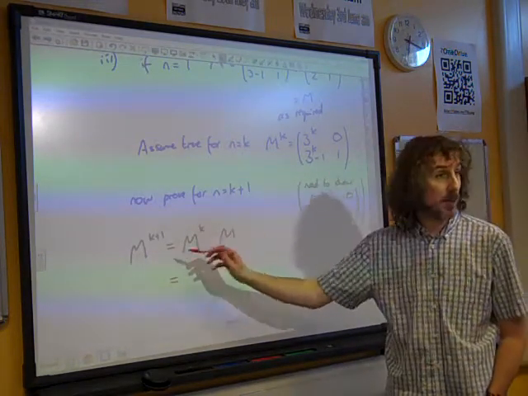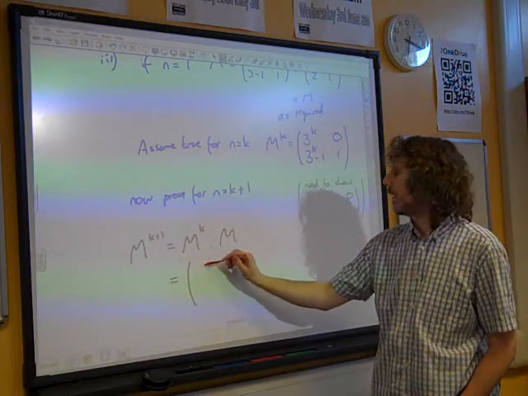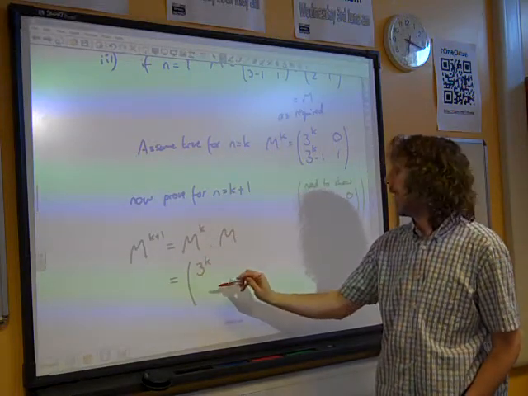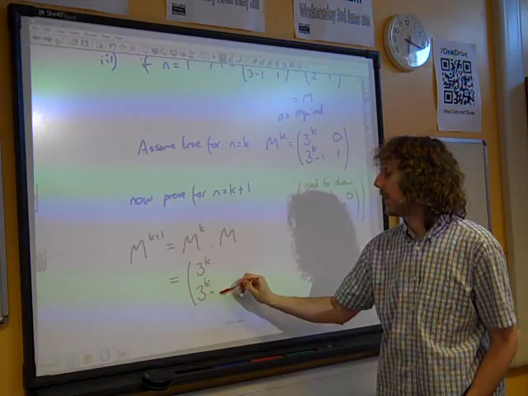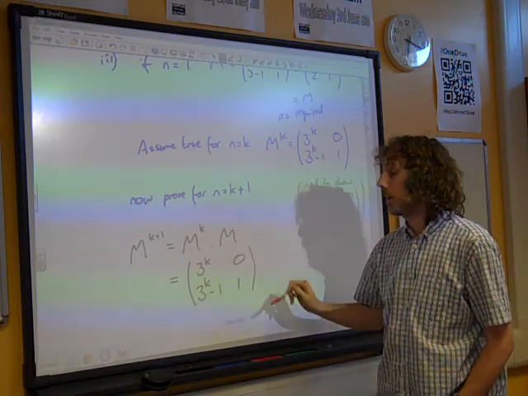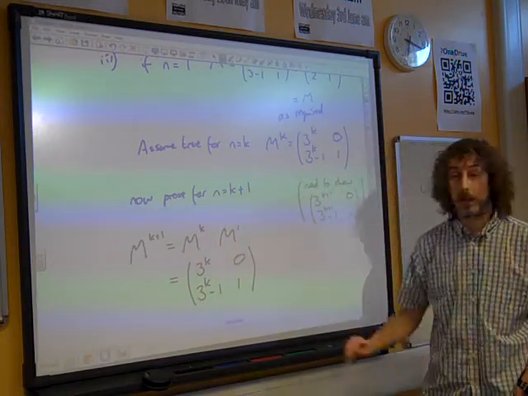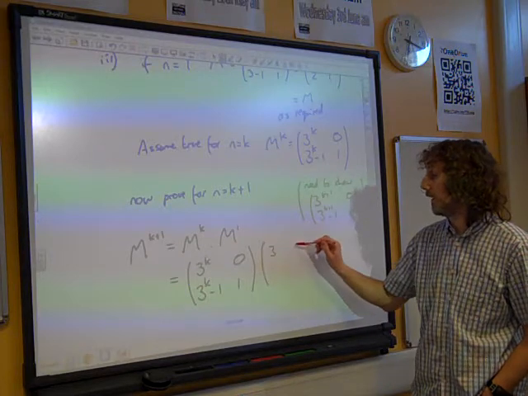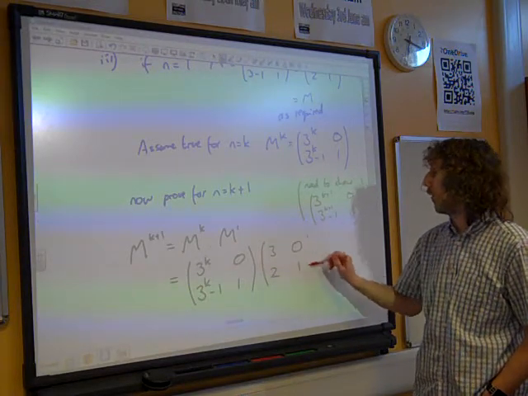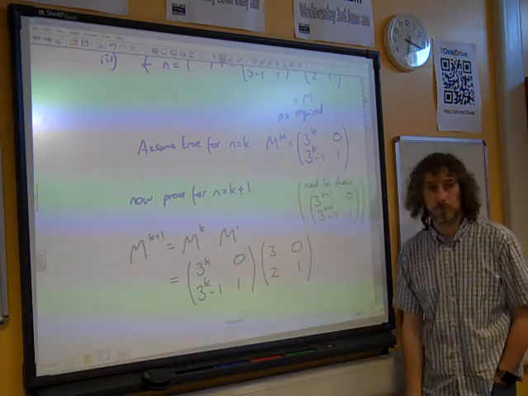And M to the k, using our assumption from earlier, is 3 to the k, 0, 3 to the k take away 1, 1. And this is M to the 1 that we're dealing with here, which was 3, 0, 2, 1.